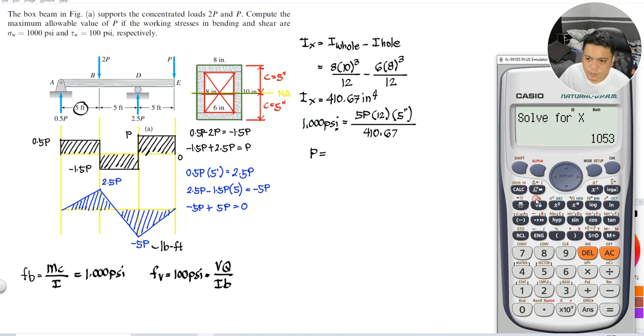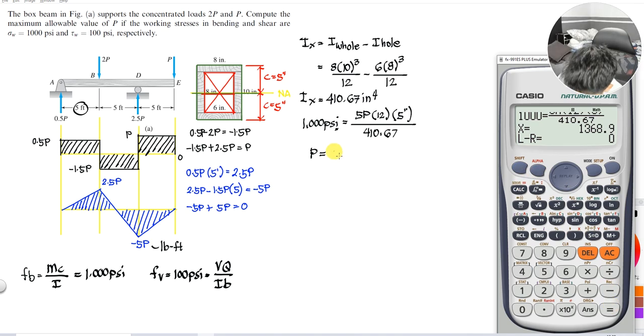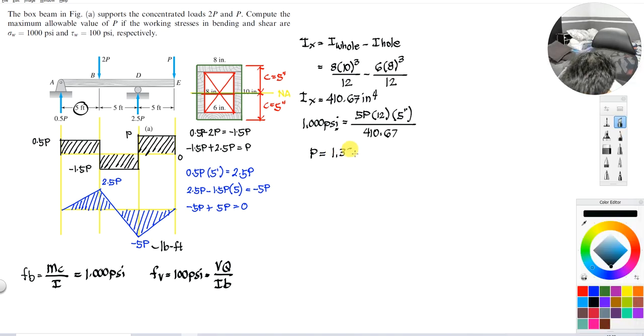So, solve equal. So, 1368.9. Again, this is in pounds. So, meron na akong P based on the flexure or based on the bending.